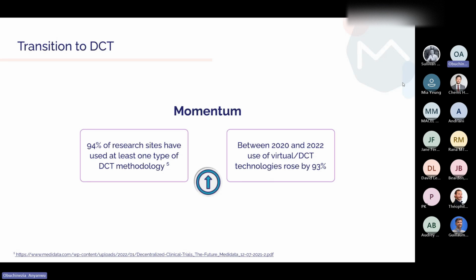Approximately 94% of research sites have used at least one type of DCT methodology. And again, as I mentioned, post-COVID, between 2020 and 2022, use of virtual or DCT technologies has risen by 93%.